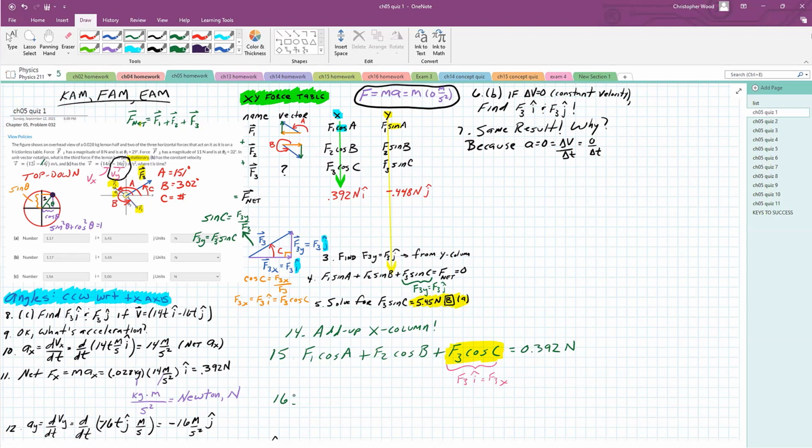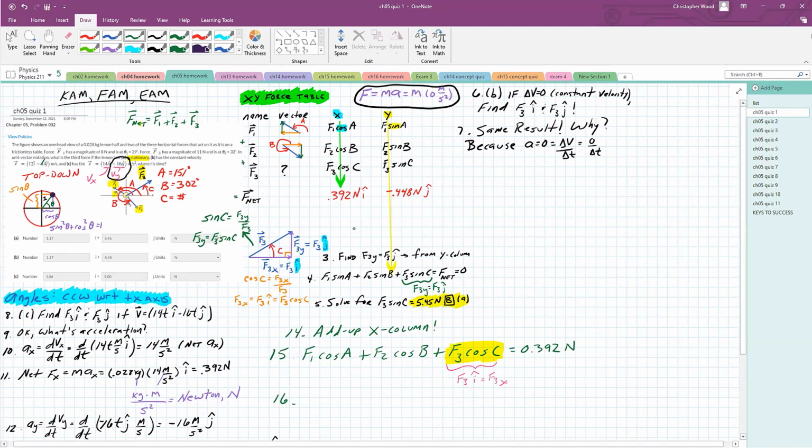1.5. Let me redo. I got the right answer. So I'm just off a little bit. Let's see. 0.392. Let me double check something. 0.028 times 14... Oh, that's my mistake. No, that's not my mistake.